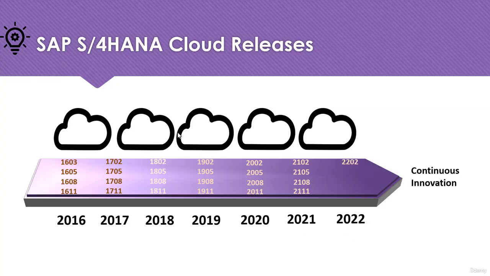There were 4 releases in a year, and the latest version was released back in 2022. The first 2 digits represent the year and the last 2 digits represent the month in which the version was released. And SAP is continuously introducing new innovation in its SAP S4HANA cloud releases, just like SAP S4HANA on-premise releases.